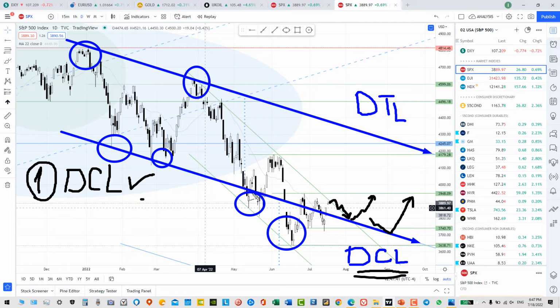The second condition required is to break the downtrend line over the short term. This downtrend line, which is marking the short-term impulsive wave to the downside, this trend line should be broken, and of course the break should be valid and confirmed by at least 3 sessions closing above this trend.